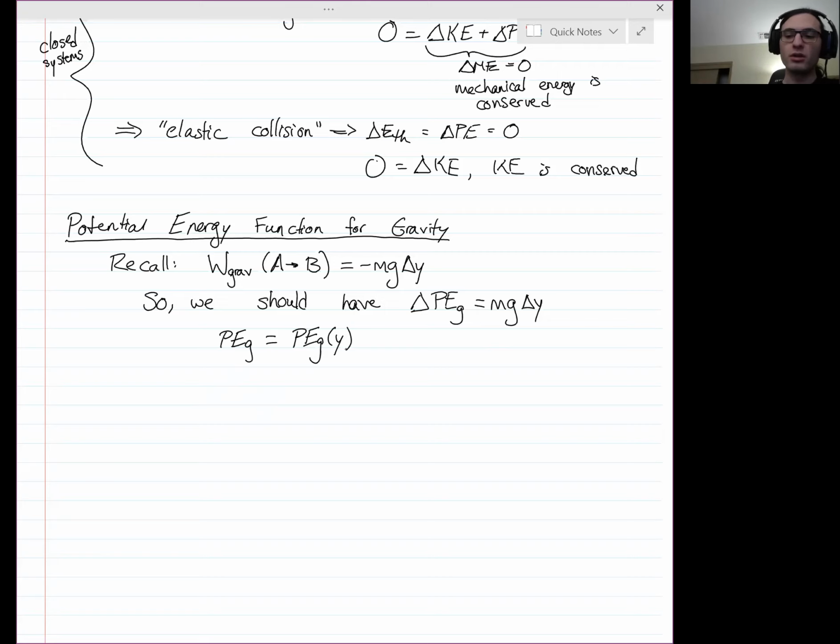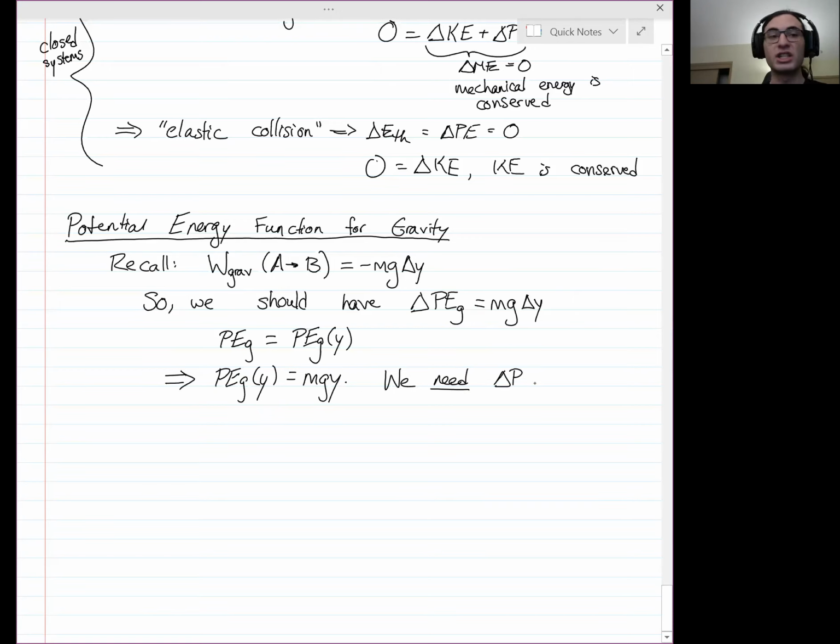So what should it be? Well, one might write the potential energy due to gravity as a function of y as mg times y. Why? The only constraint that we have on the formula for the potential energy is that the change in the potential energy, calculated by plugging in y of b and y of a and then subtracting them, has to be equal to mg delta y.